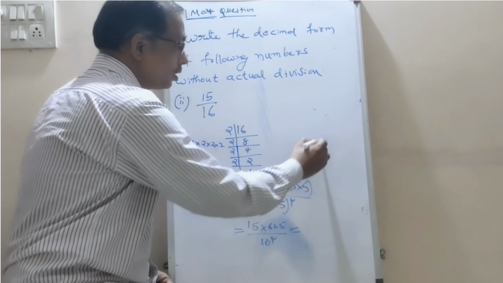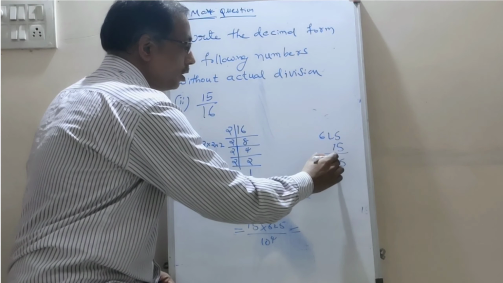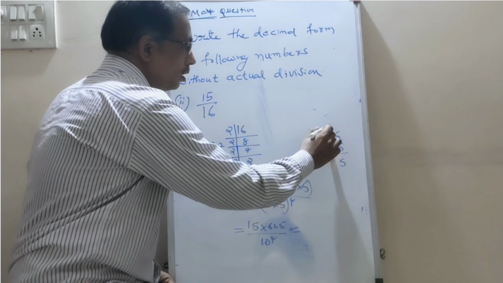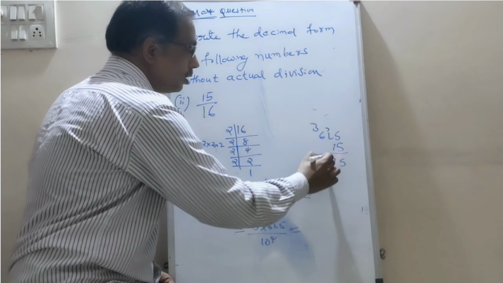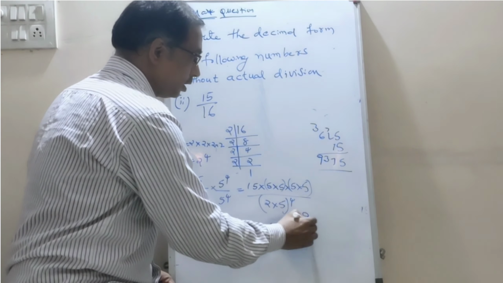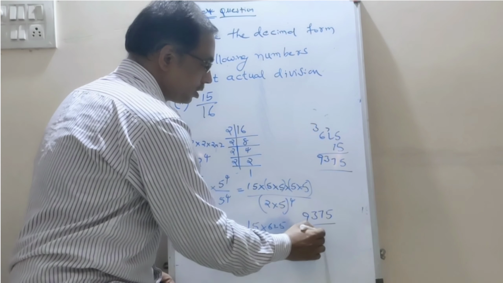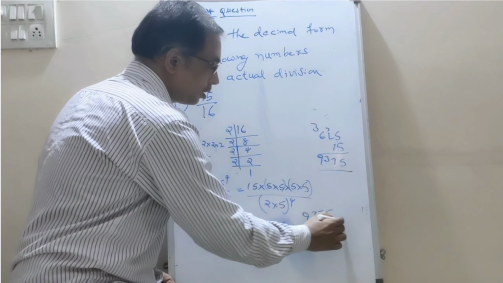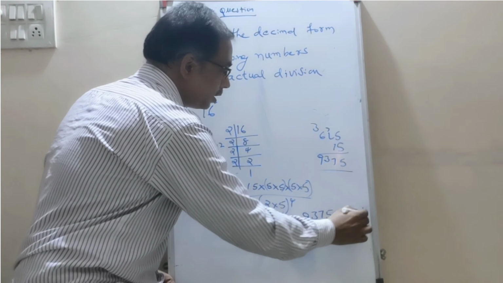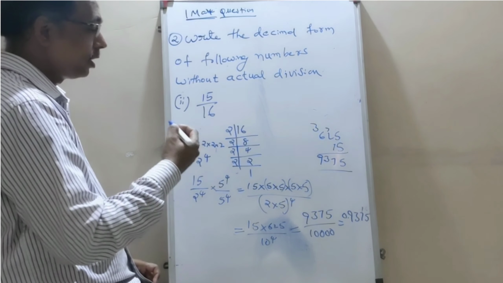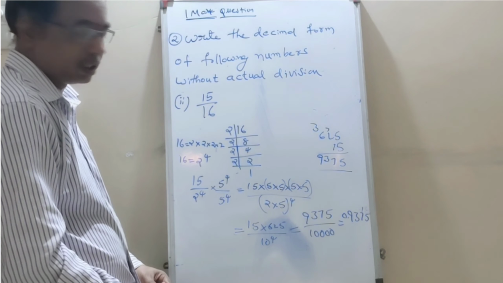Then 625 into 15 is 9375, over 10 power 4, that is 10 into 10 into 10 into 10, 10,000. So remove these 4 zeros, we can get simply 0.9375. So like this we get the decimal form without actual division.